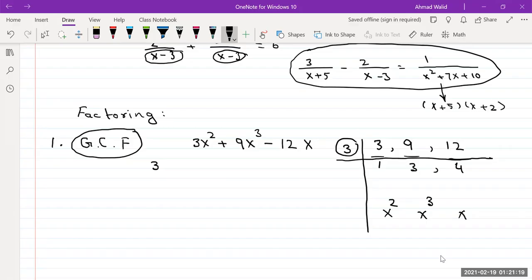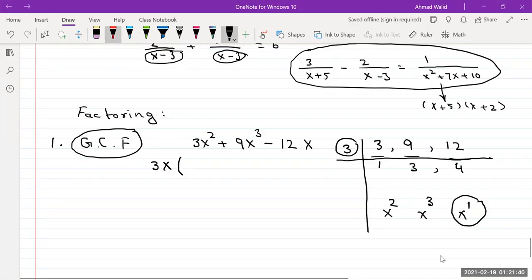Here you see x squared, x cubed, and x. My GCF will be x to the power of 1, or x. Like this. That is your common factor. Now, open a parenthesis.